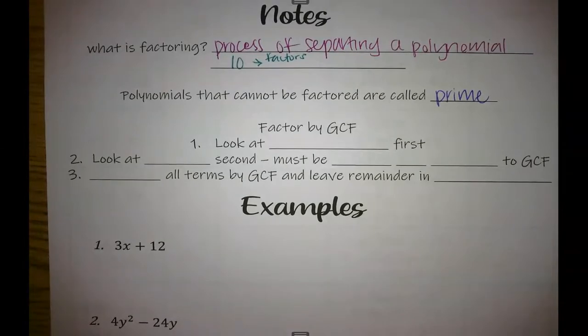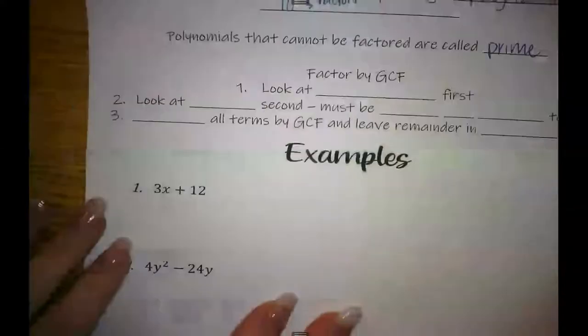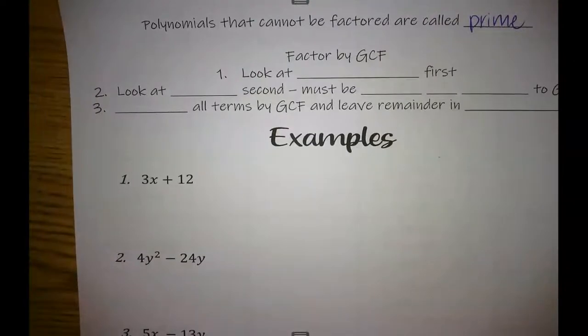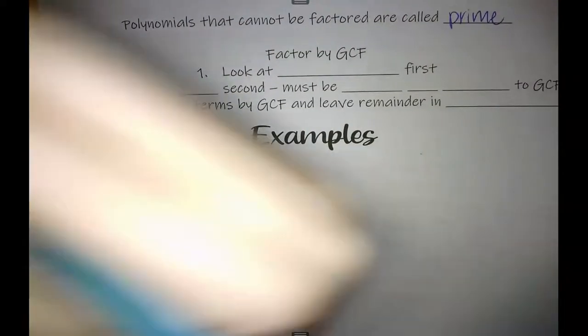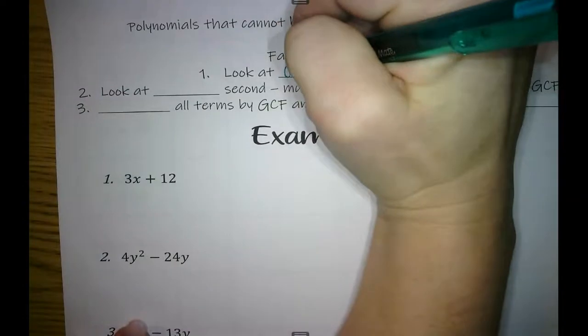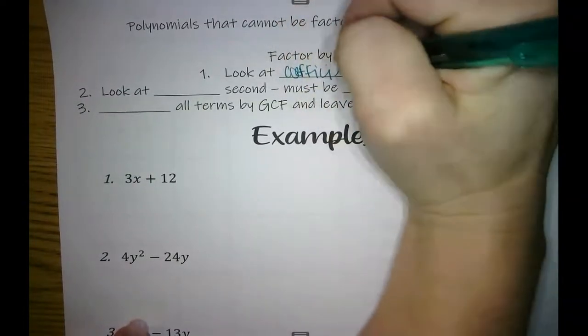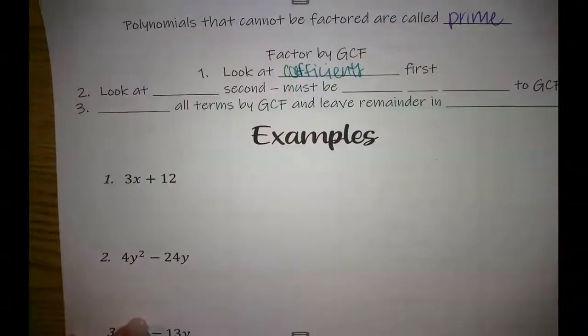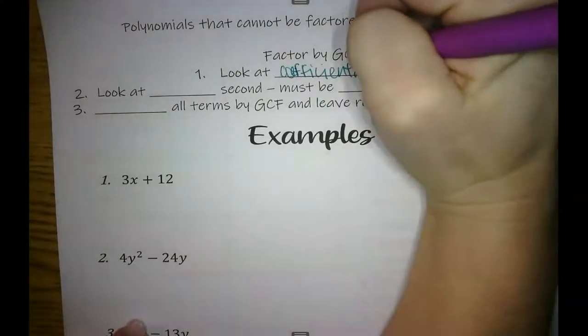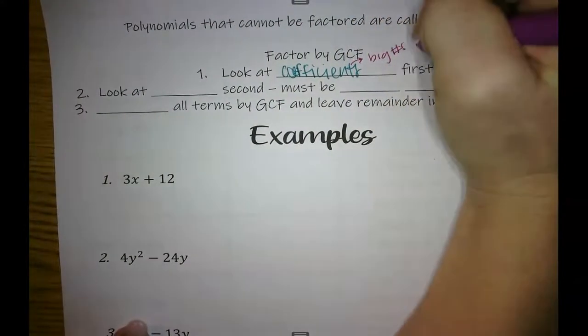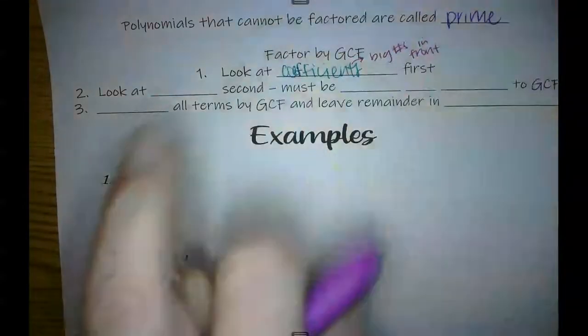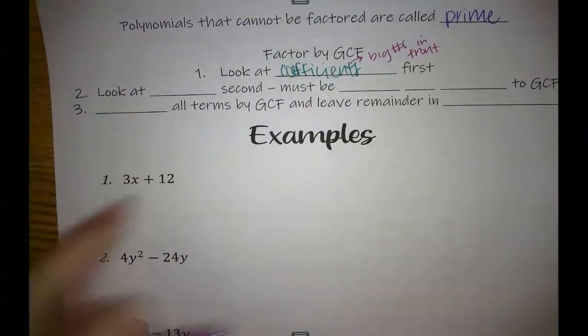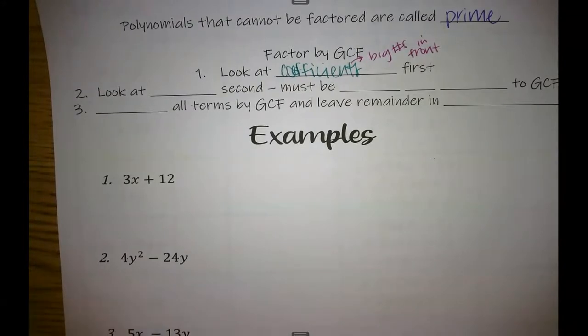All right, so our first step is we're going to have an example. We're going to have our polynomial, and our first step is to look at our coefficients. Remember, our coefficients are the big numbers in the front. So we're going to look at these numbers first, and I'm going to say what factor is their greatest common factor.